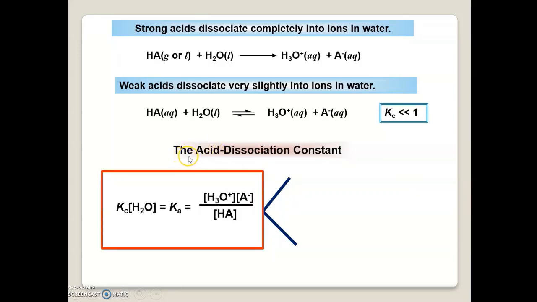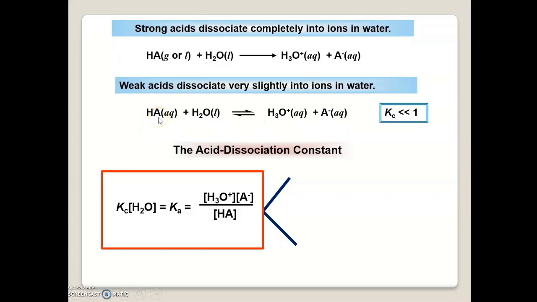So let's look at the acid dissociation constant. We have this reaction HA plus H2O produces H3O+ and A-. Look at this reversible arrow, which means this is a reversible reaction. It can occur in the forward and also the reverse direction.